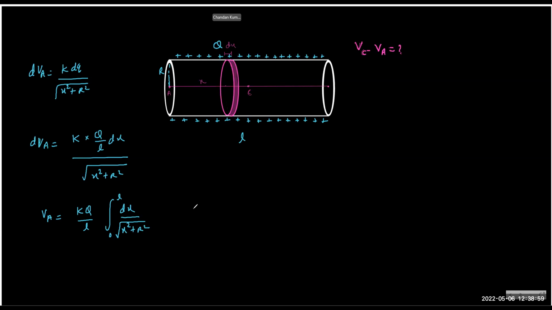Charge is over the surface, no? Yes, sir. So if you want to know the charge on the dx length, you just need to know the charge per unit length into dx. Yes, sir. Okay. Now, how to do this integration? So this integration is a bit difficult, right?